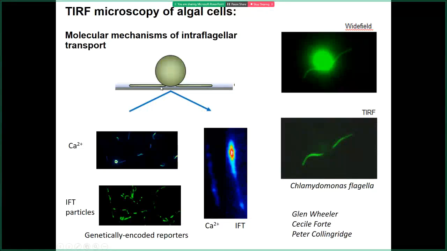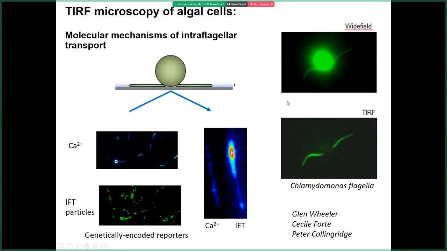And the example I'm going to give you here is work from Glenn's lab again, where we've used this approach to image the flagella of an alga. The alga in this case is Chlamydomonas. And we can either load this alga with fluorescent dyes, or we can get it to make its own fluorescent reporter proteins.